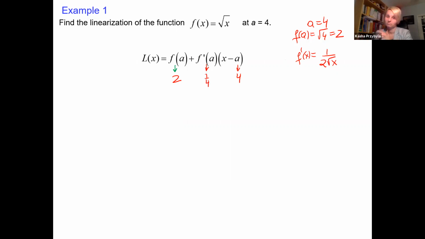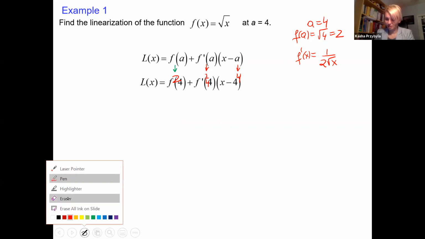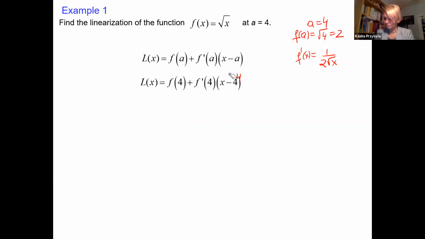That's the square root of 4 in the formula. We know where this comes from. So we have 2, 1/4, and 4.